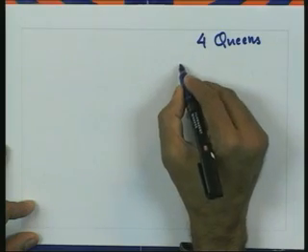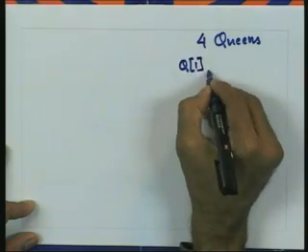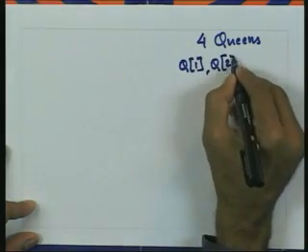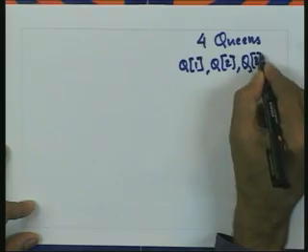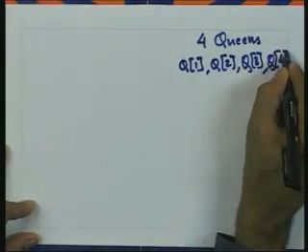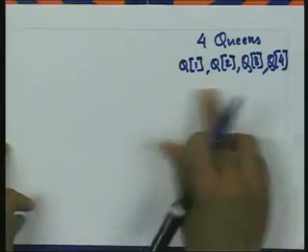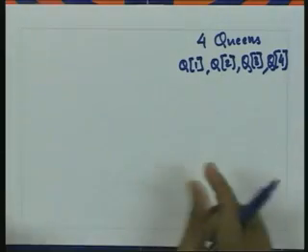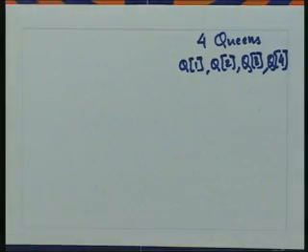Well, we have variables q of 1, q of 2, q of 3, and q of 4. We can think of these 4 as the smaller parts comprising our big object that we need to find. Or we can think of this as a template with 4 slots in it, and we want to fill in values into the slots.